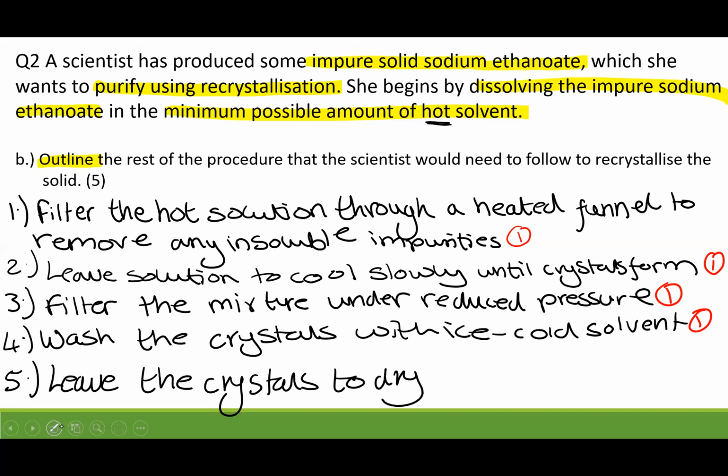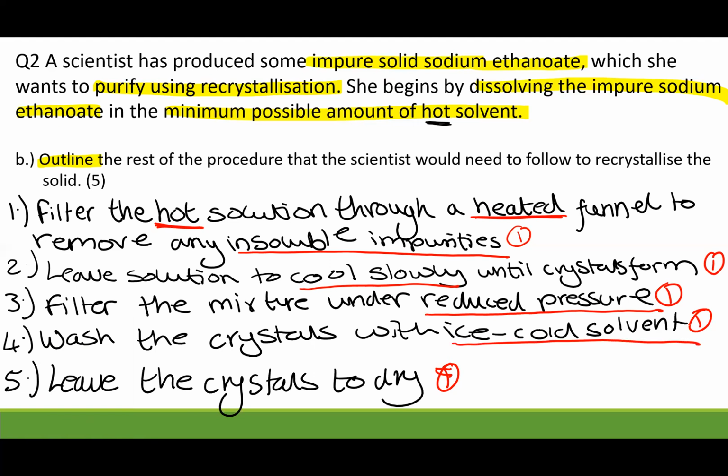That would get you the whole 5 marks. The important things are making sure that you're using a hot solution in a heated funnel in the first part, saying that it's to remove insoluble impurities, cooling slowly, filtering the mixture under reduced pressure, washing the crystals with ice cold solvent, and then leaving the crystals to dry.